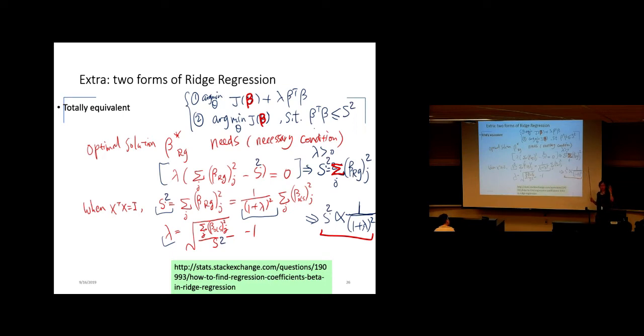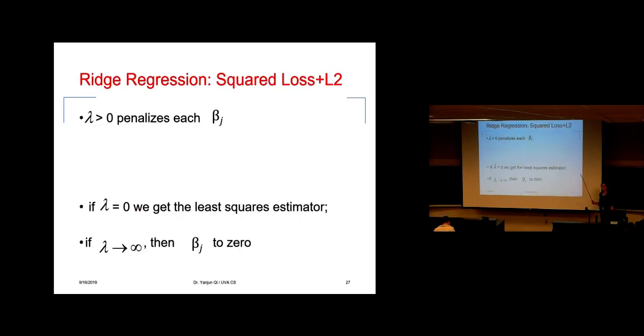When lambda is large, S is small. When lambda is small, S is large, right? But that's still not very clear, right? When lambda is larger than 0, we actually know there's a shrinkage effect, right? 1/(1 plus lambda) times beta OLS.